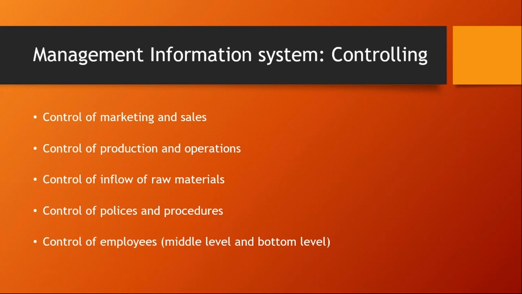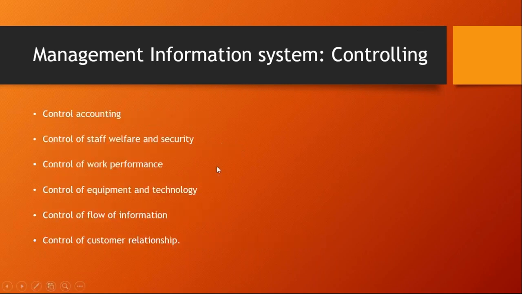Now, in an organization, there are different areas that controlling is needed: in marketing and in sales, in production and operations, inflow of raw materials, policies and procedures, control of employees, both the middle level and the bottom level. Different levels of controlling are needed.